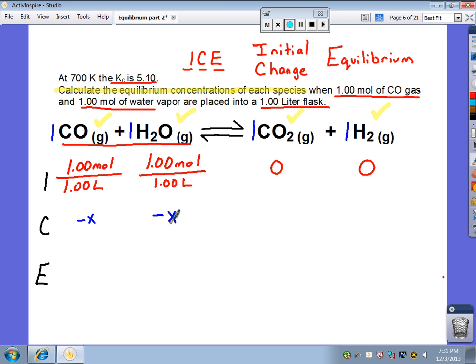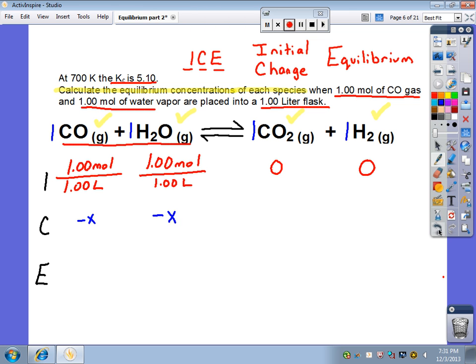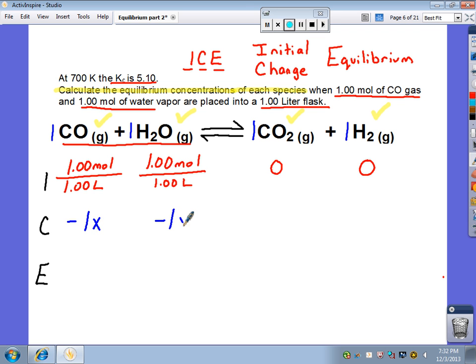Well, by a value of x, or I could say 1x if I wanted to. And these are going to go up by a value of 1x. Do you agree with me that as the reactants react, they produce products? And they're going to go down by a certain amount. How much? Well, I don't know. But they're going to go down with a ratio of a 1 to 1 to 1 to 1 relationship. And those are written out front. We just don't normally write them.